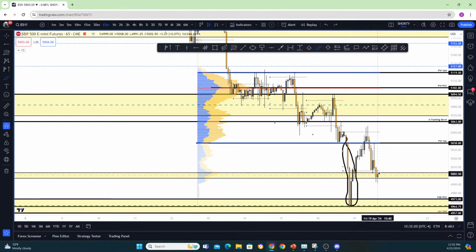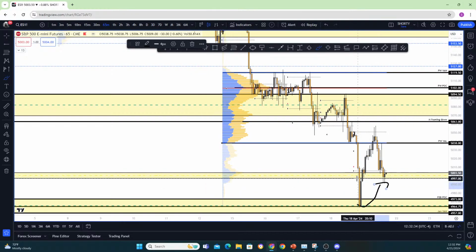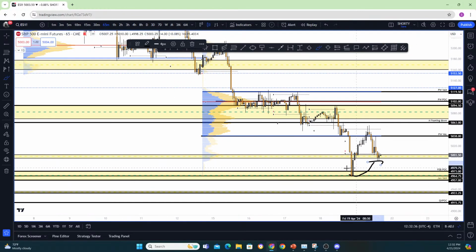And they went searching for buyers, and what happened? Last time they found buyers here. Where did they find buyers now? They made a higher low. Where did the change of character happen? If we break this, is this change of character or what?